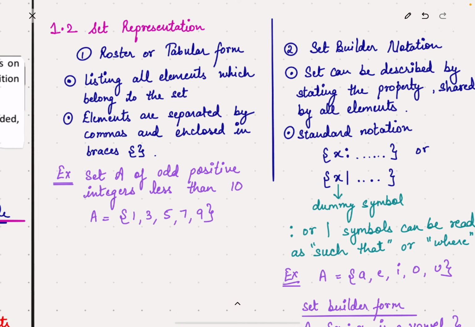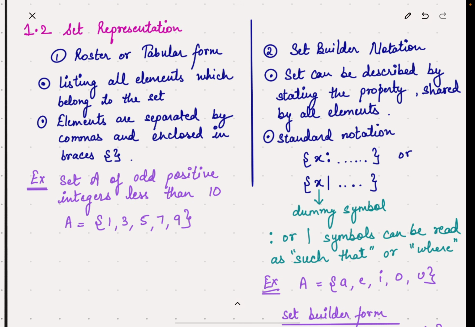Next thing that you need to learn about sets is how we are going to represent a set. There are two forms through which we can represent a set. The first one is roster or tabular form, and the second one is set builder notation. In the roster or tabular form, we list out all the elements that belong to the set.